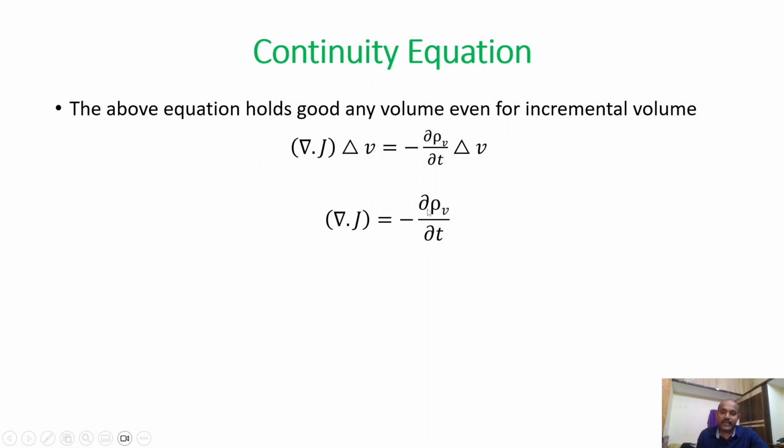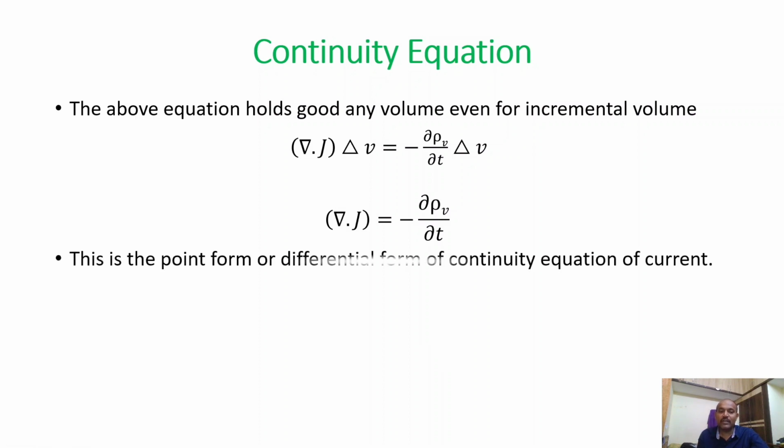So the rate of change of charge density in a given volume is equal to the divergence, and the negative again indicates the charges are flowing out, it is emptying. This is called the differential form or the point form of the continuity equation of current.